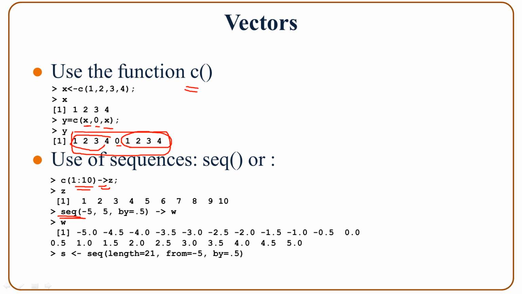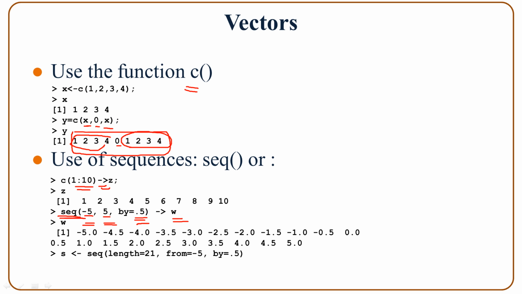So create a sequence from -5 to 5 with a step of 0.5, and the result is stored in W using the right assignment operator. So you can see if you use the seq function, the first parameters are the start and ending value and the step, right?